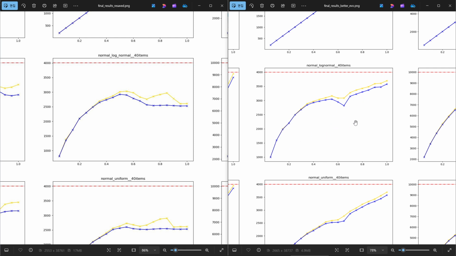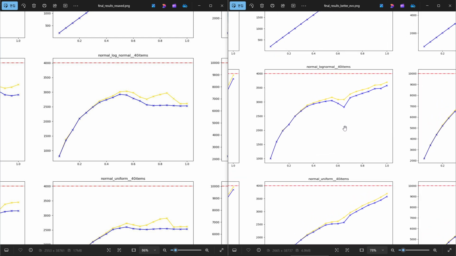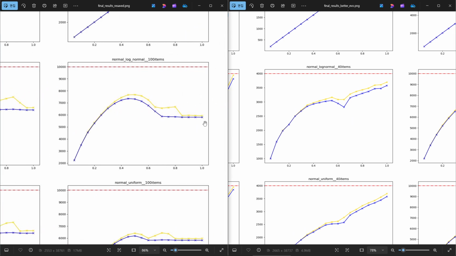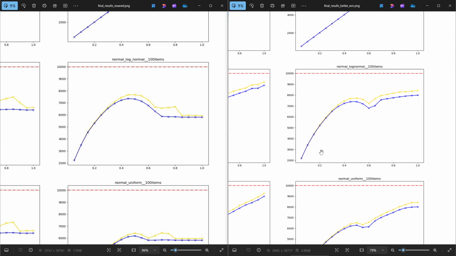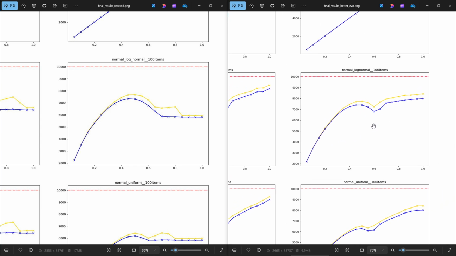It's an M-shaped thing, which we'll see quite often. And with 100 items, this sickle-like graph, the sickle's still kind of there, but it's more of an M-shape, like McDonald's.